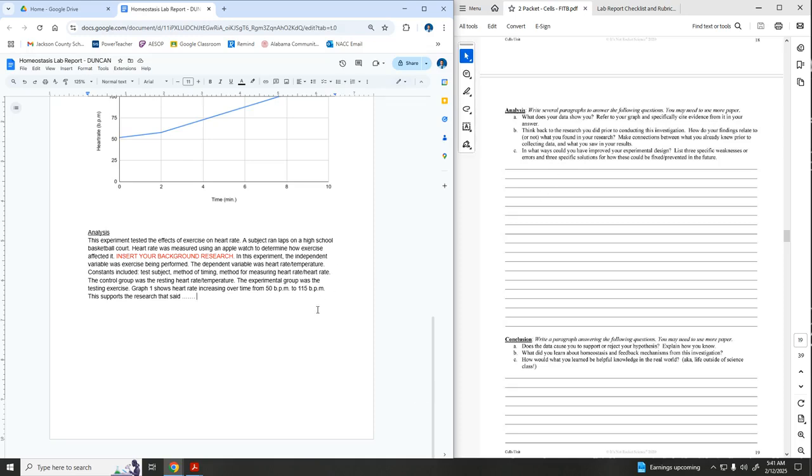In what ways could you have improved your experimental design? List 3 specific weaknesses or errors and 3 specific solutions. So experimental design could have been improved by, okay, and you put in here ways that your experiment didn't go exactly how you thought.